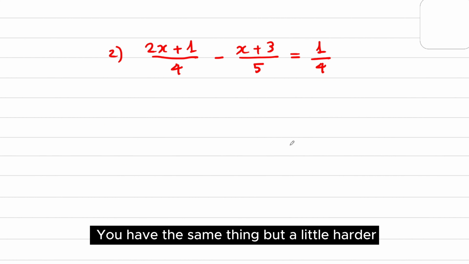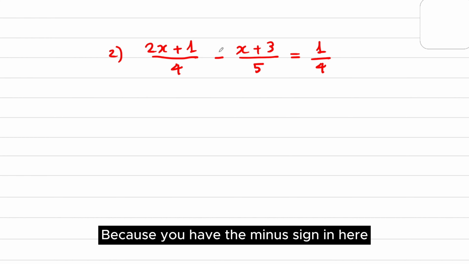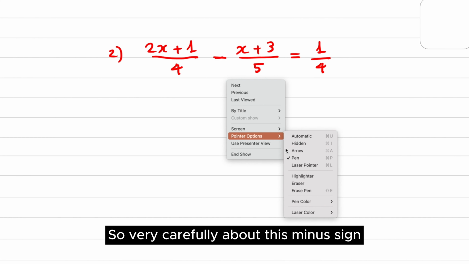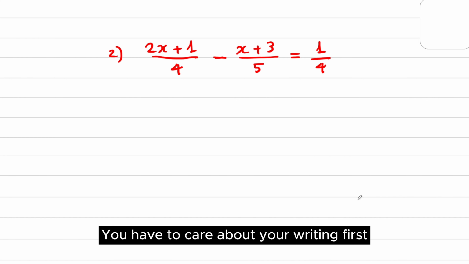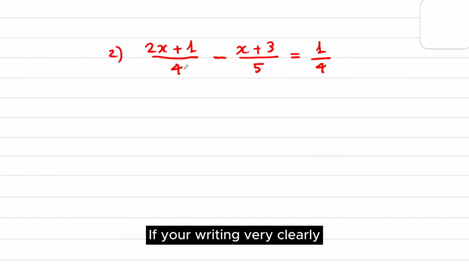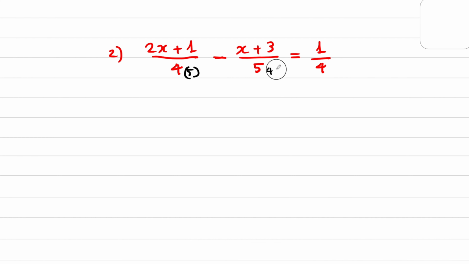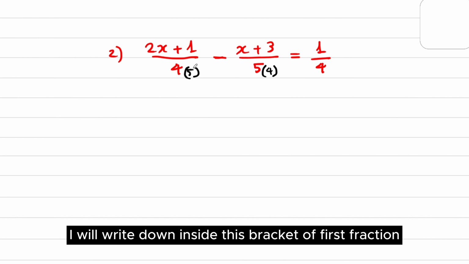Example 2, you have the same thing but a little harder because you have the minus sign here. So be very careful about this minus sign. And when I say be careful about your calculation, it means you have to care about your writing first. Yeah, if you write very clearly, it becomes easier. So the first step, I will write down inside the small bracket.